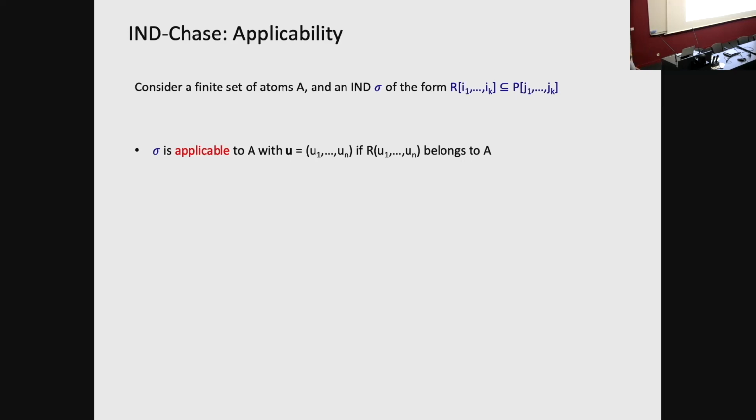Now, the more sophisticated applicability notion will check: I have this R atom, but there is no P atom that satisfies my inclusion dependency. This is what I mean by the more sophisticated applicability condition. And this is the condition that gives rise to the restricted chase, the standard version of the chase, as people call it.